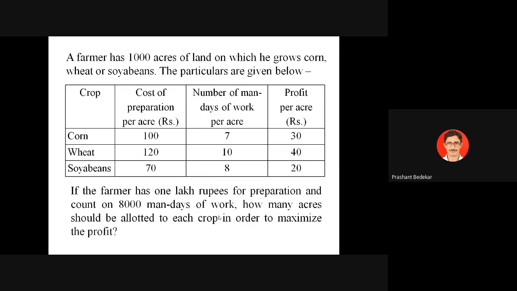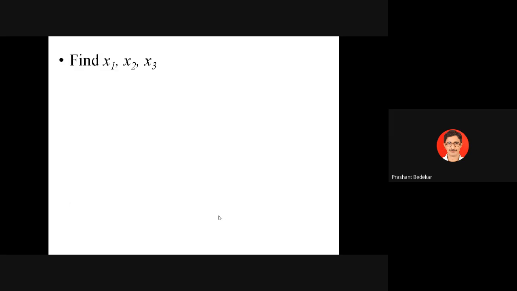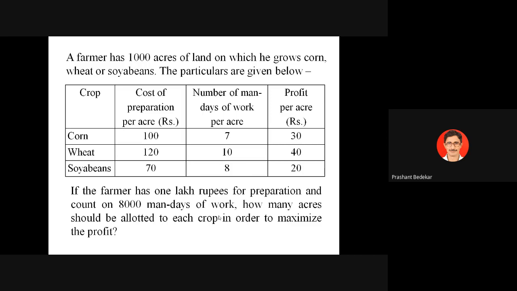Yesterday I have shown this problem as a problem or application of optimization in the field of agriculture. The problem is formulated like this. Find x1, x2, x3. What x1, x2, x3 are representing? They are representing the area or acres of land.